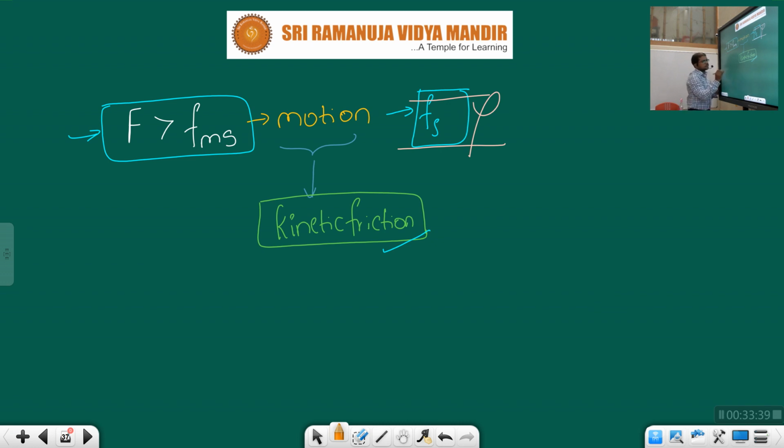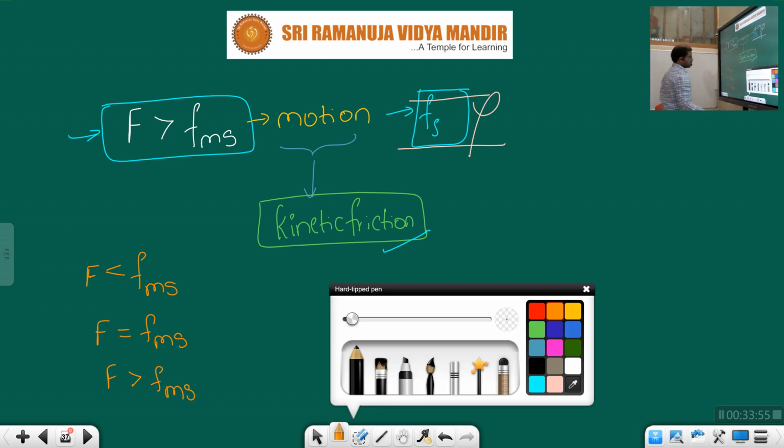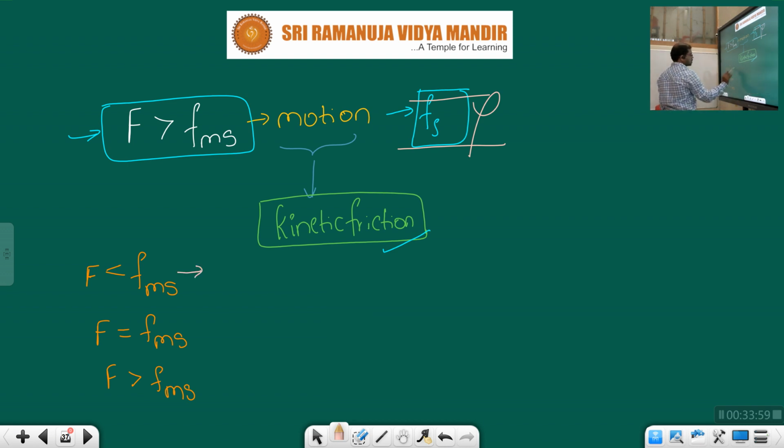See, children, when the applied force is less than Fms, equal to Fms, or greater than Fms. So here, in this condition and in this condition, the block is at rest.